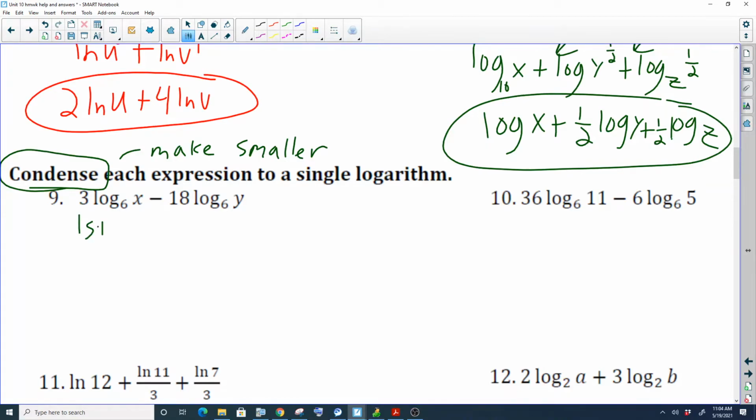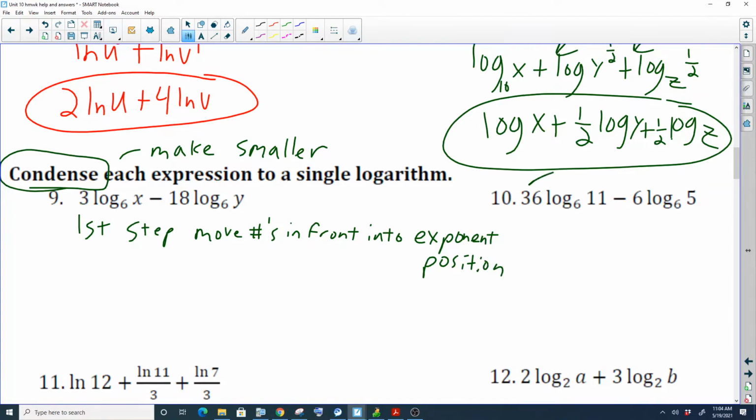But it's really tricky, though. The first step actually needs to be: move numbers in front into exponent position.